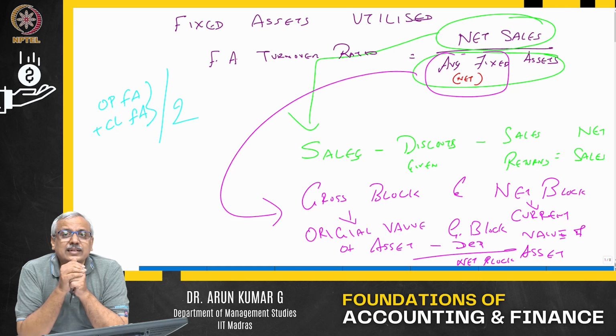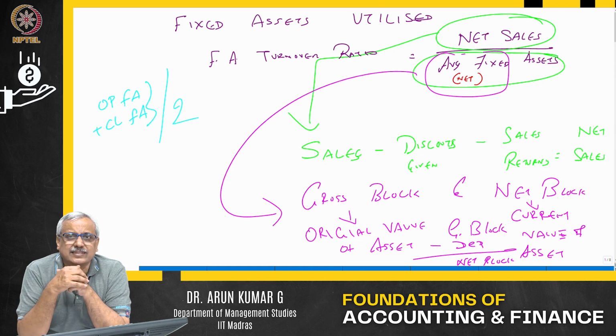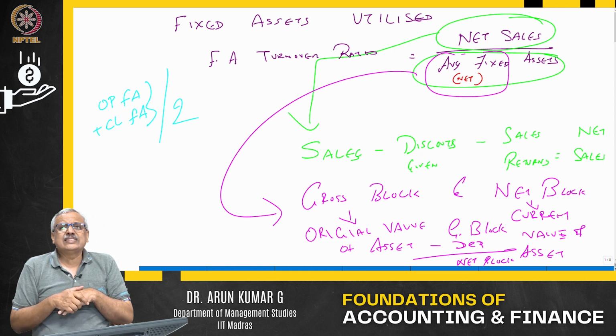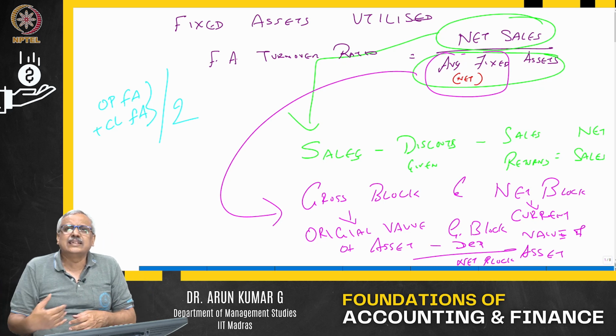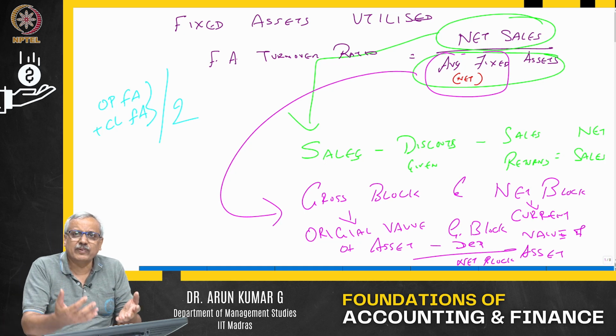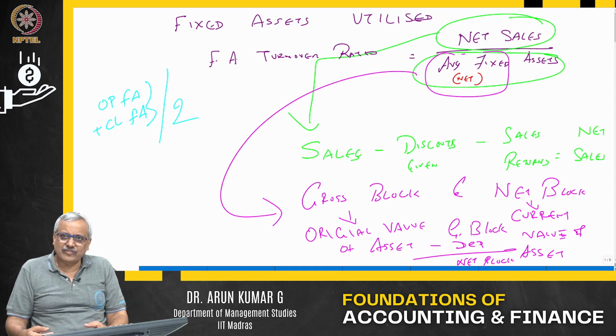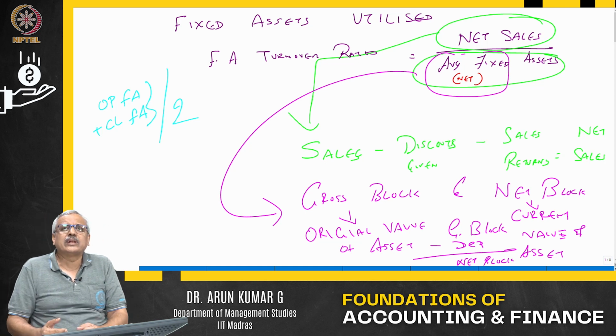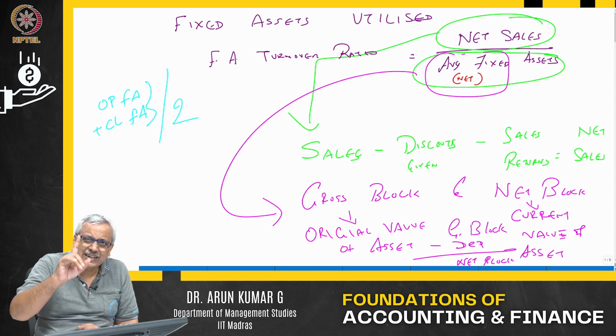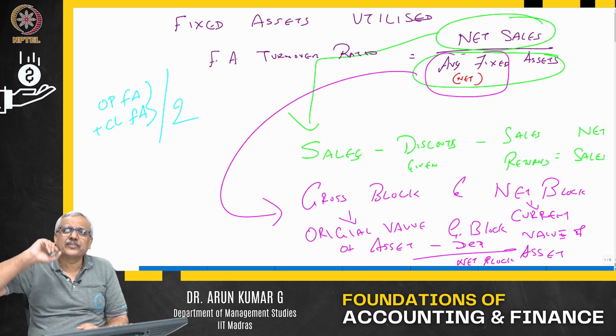If you actually do this, the number will be very different as compared to a service industry which is very low on assets. An asset intensive industry is very different, this ratio will have to be looked at very differently, and for an asset light industry, this ratio will have to be looked at very differently. So, you cannot have one single yardstick across.